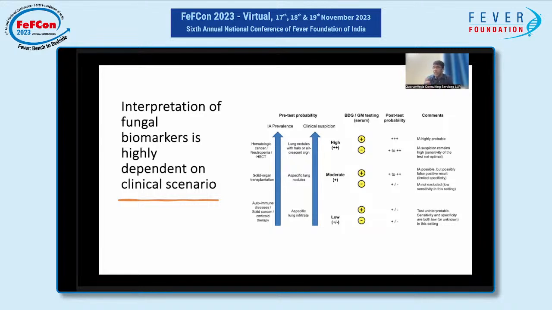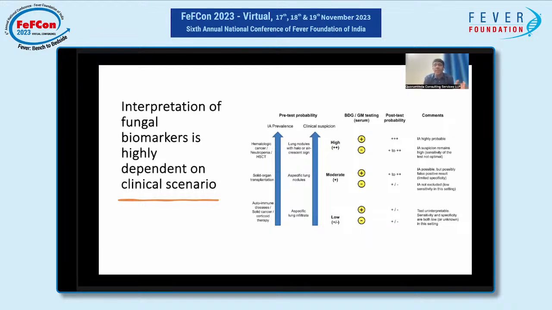And just like other fungal infections, the beta-D-glucan test is very useful for Pneumocystis pneumonia. If the beta-D-glucan is negative, it cannot be Pneumocystis pneumonia. The negative predictive value is nearly 100% for Pneumocystis, and more than 90% for fungus. So it's extremely useful for Pneumocystis, and of course, other fungal infections.